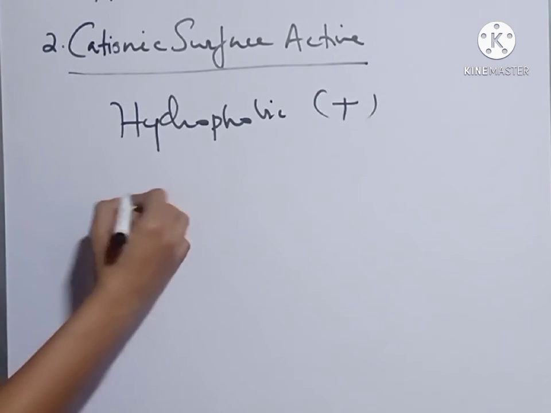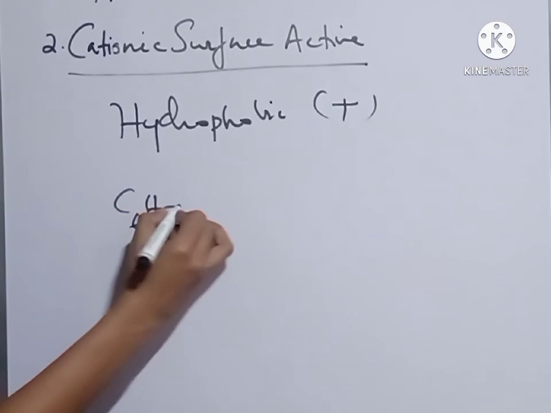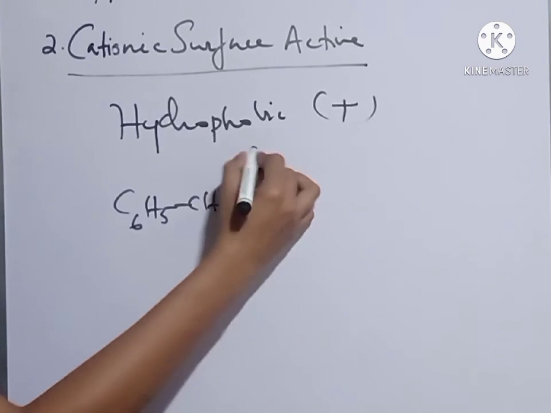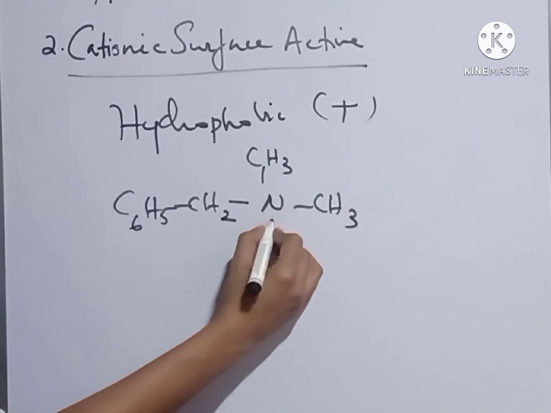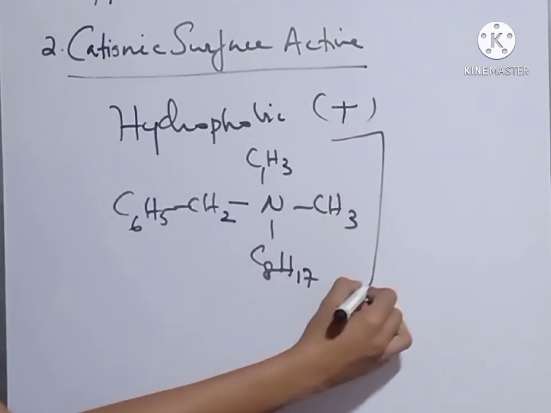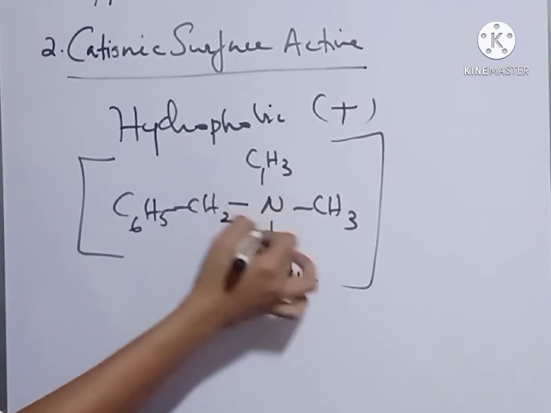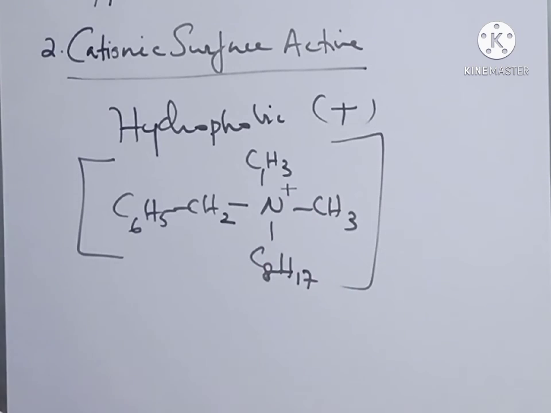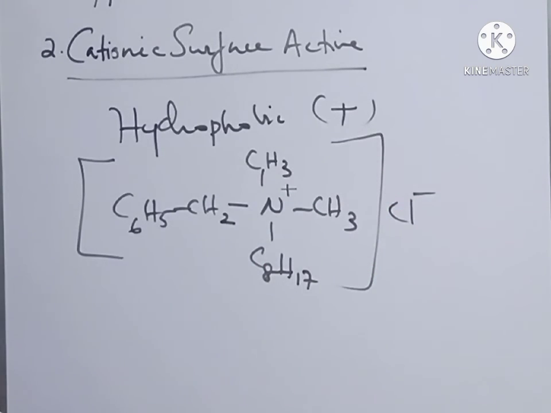For example, this molecule: C6H5 CH2 N CH3 CH3 C8H17. Here nitrogen is tetravalent, so the positive charge is here, and this is balanced by Cl minus ions.